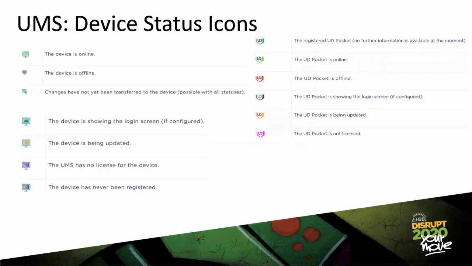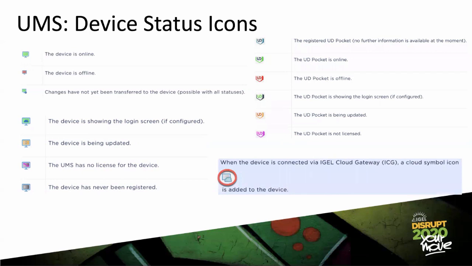And if a device is connected via ICG, the small cloud symbol is attached to the device, so you see immediately ICG devices. Also here, if you need more information, that's the corresponding knowledge base article.